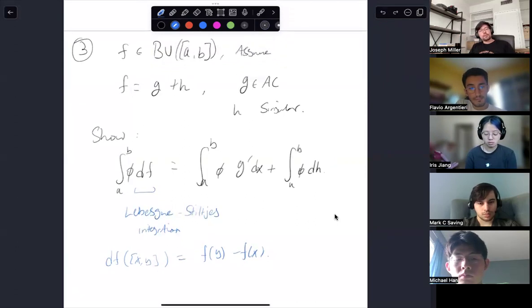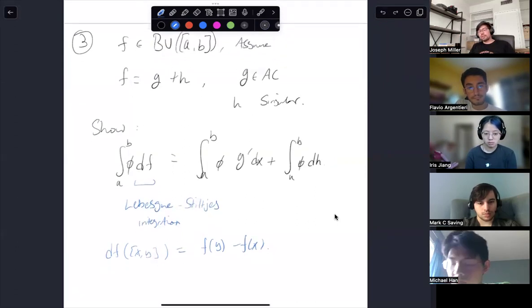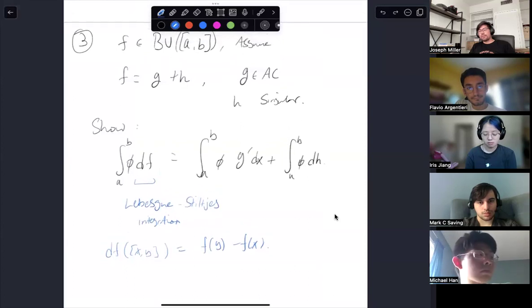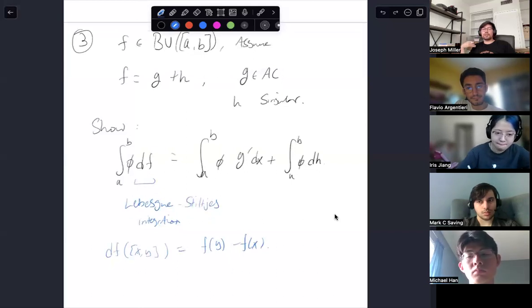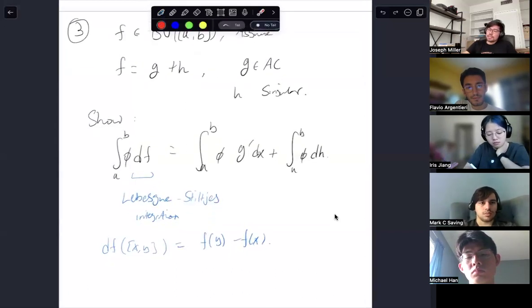But as long as I'm bounded variation, starting from f, I can define df on intervals, which by the Carathéodory extension theorem defines a full measure on the interval AB. And so this integral is the thing that comes from extending this measure to the whole space and then integrating some test function phi on the space.